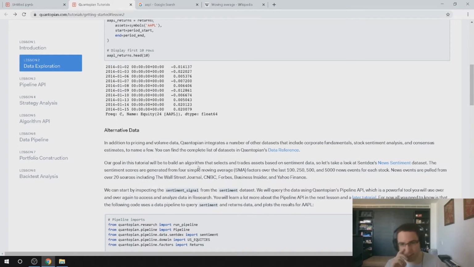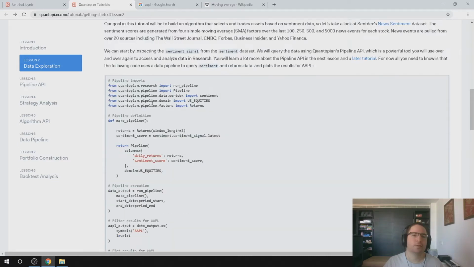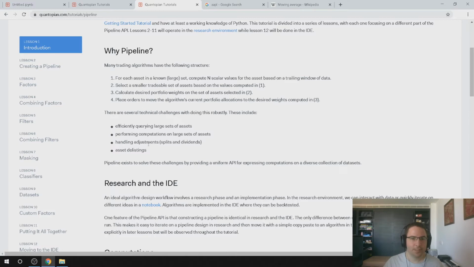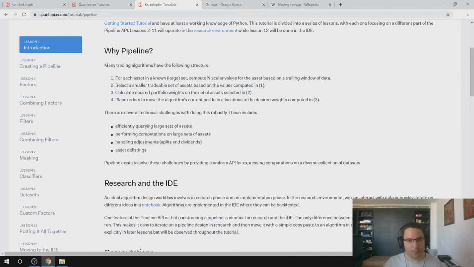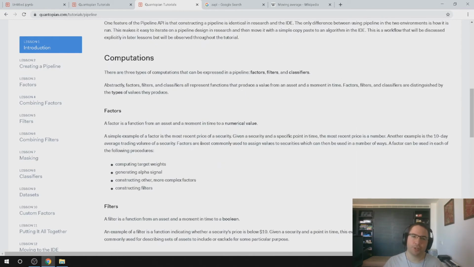Build an algorithm that selects some trades based on sentiment data. Sentiment meaning how excited are people about a specific stock. We're making a pipeline. What does a pipeline do? Okay, so basically what this is saying is it can be difficult to handle all that data if you try and do it yourself. The pipeline does it all for you.